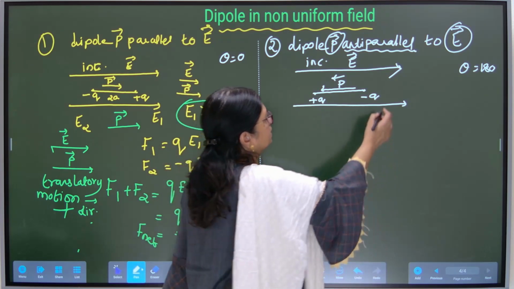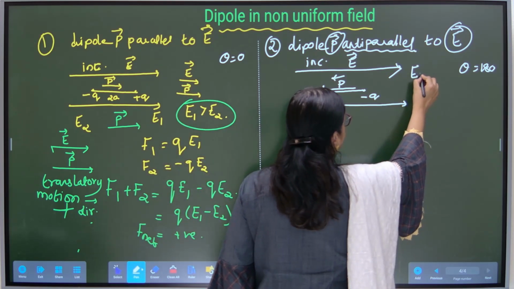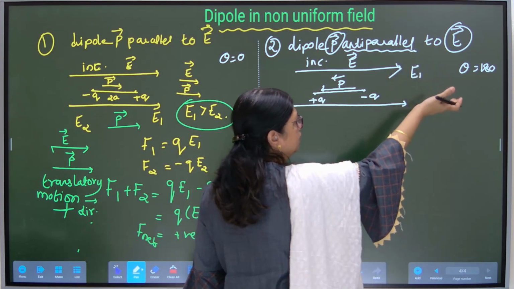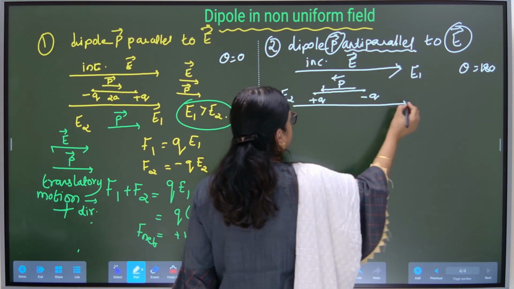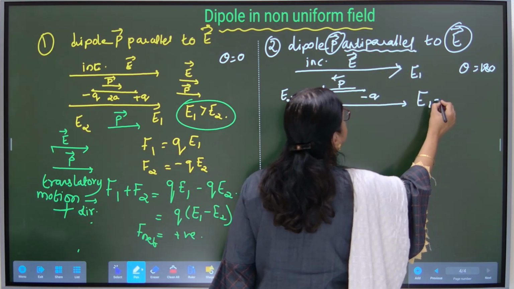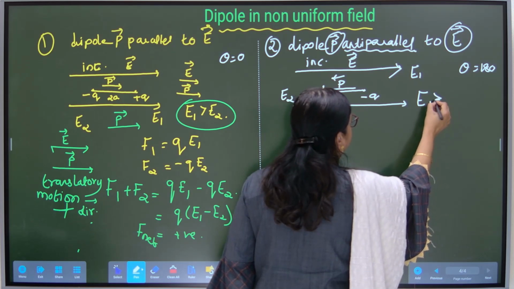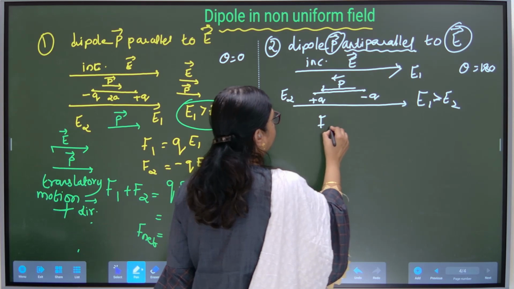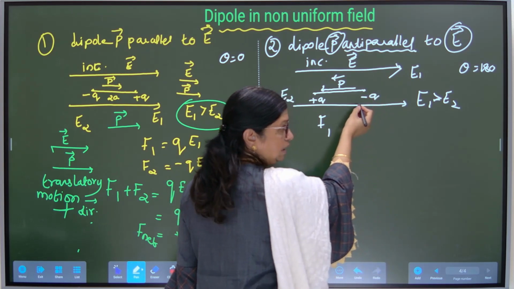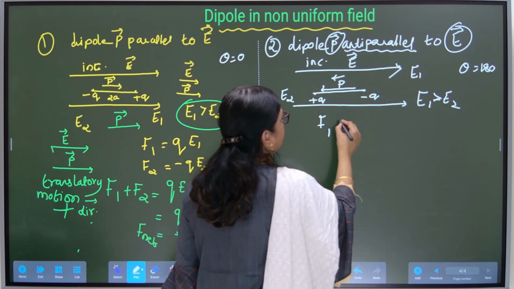So for that, what is the value of electric field here again as before? E1. Here it is increasing. So here it is E1, which is more than E2 on the other side. So I have taken the condition E1 is greater than E2. So let us write F1. What is the value of F1? This side negative Q is there. So negative QE1.